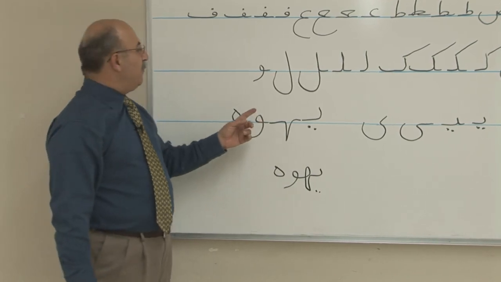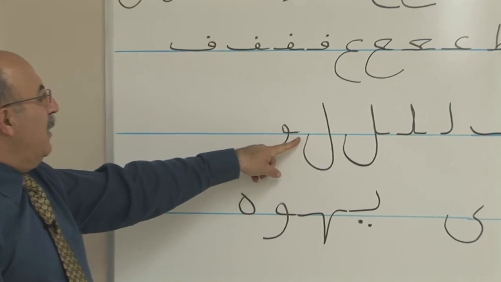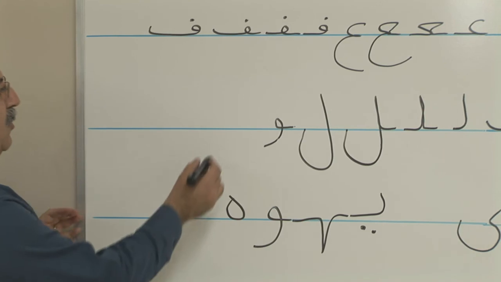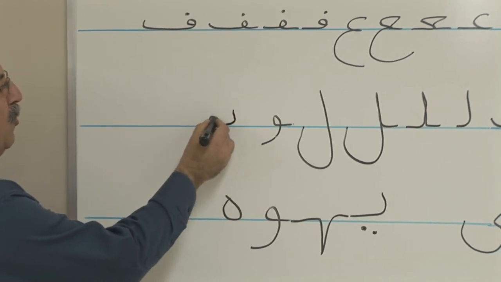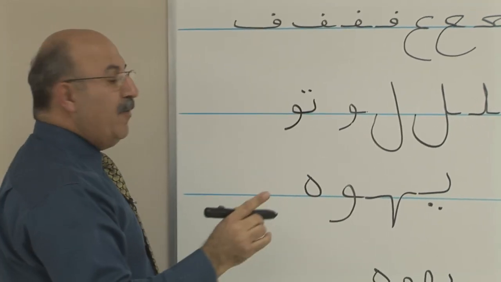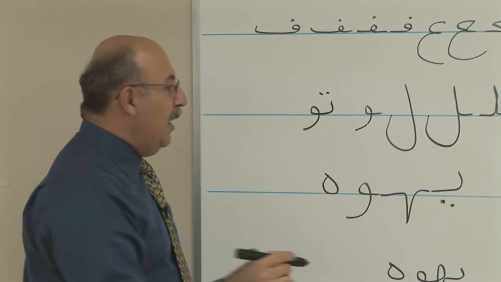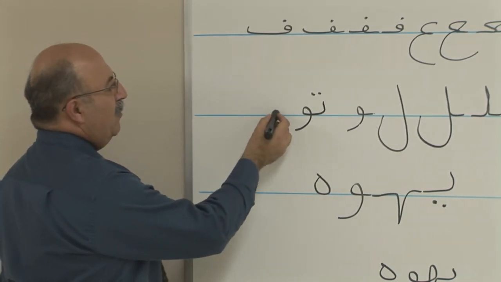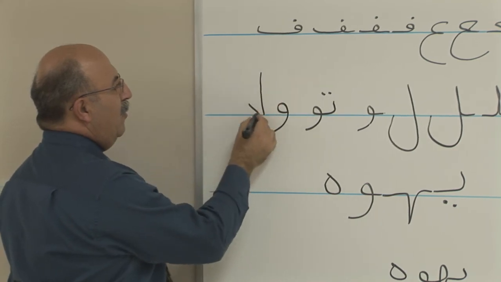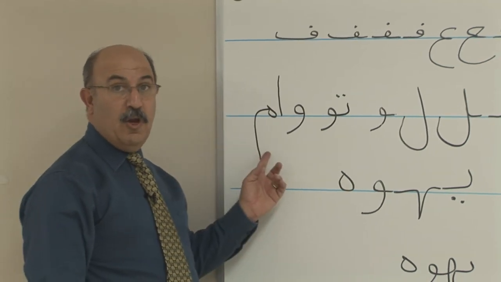At the same time, take a look at this letter, Vav. We showed you that it connects from this end, such as the word to, meaning you, singular. However, if it comes in the beginning of a word, it stands alone, as in Vam.